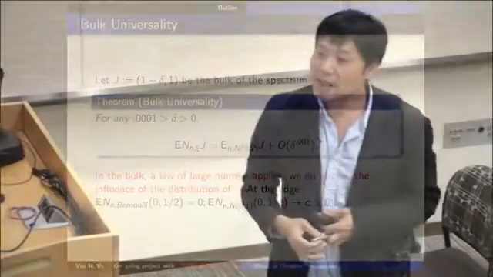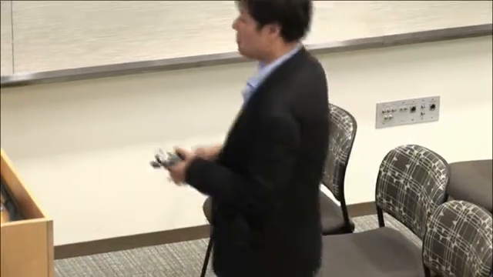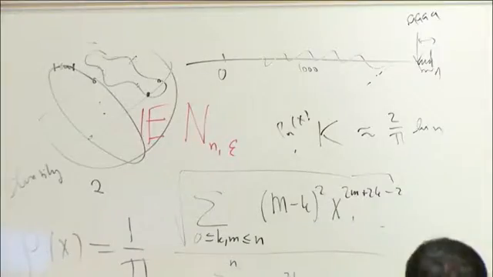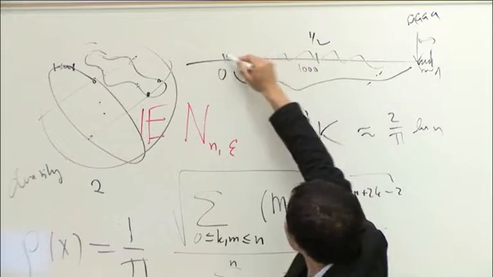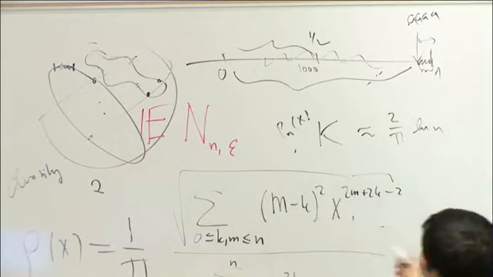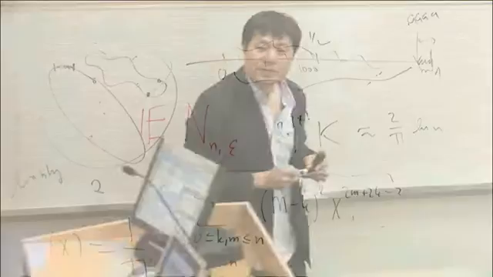The nice thing is that in the bulk you don't see the influence of the distribution of C. So every C behaves the same. On the other hand, we cannot say the same thing for the edge, in this interval, because if we take the interval from 0 to half, we know that the plus minus 1 polynomials don't have any root there.